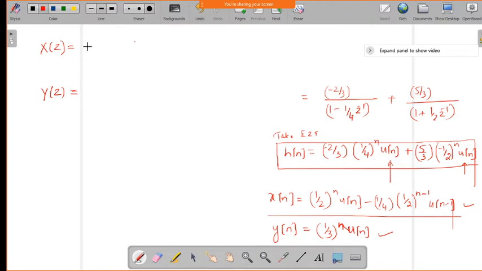Okay, so x of z is 1 over 1 minus half z inverse, minus 1 by 4. This is in the form of n varying from 1 to infinity of alpha power n, which gives alpha over 1 minus alpha z inverse whole square, is it not?